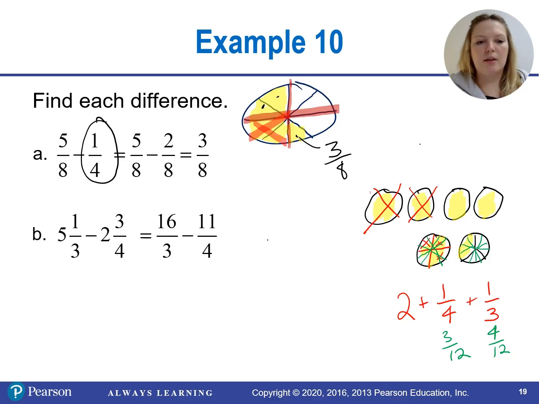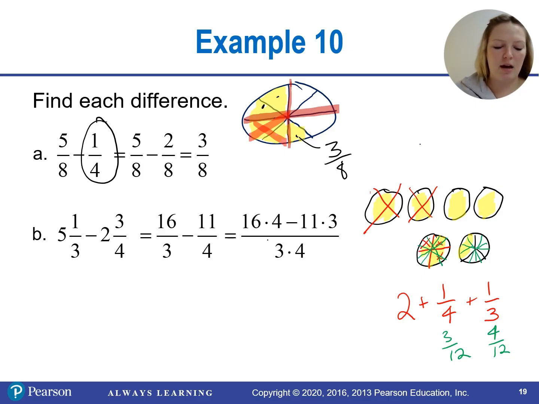Or like I said, we could first make these mixed numbers improper fractions. So 5 1/3 is 16/3, 2 3/4 is 11/4, and then get that common denominator or use that formula. The common denominator is going to be 12.